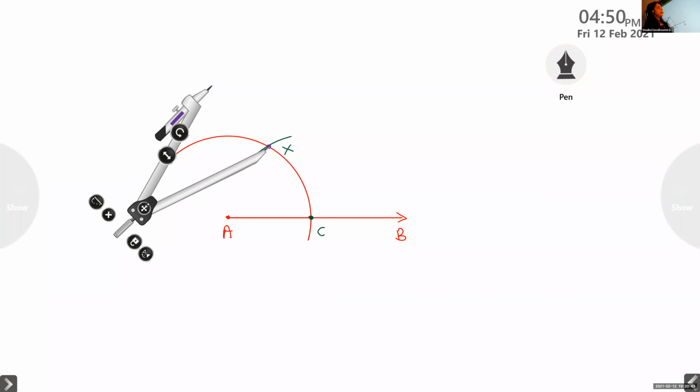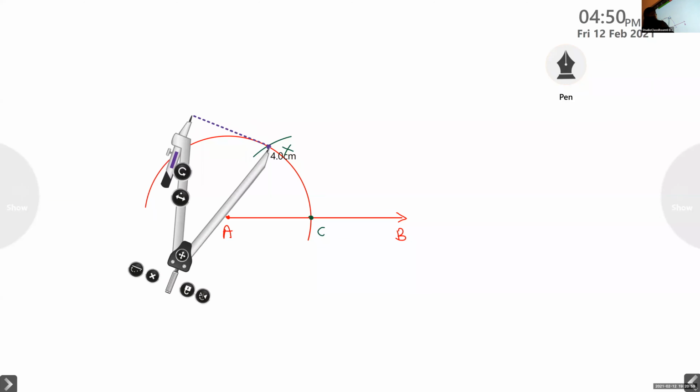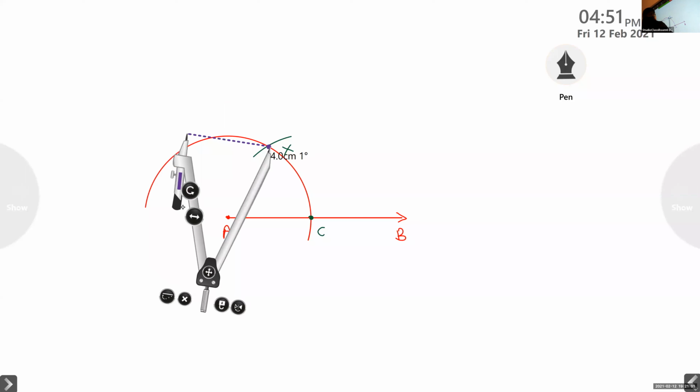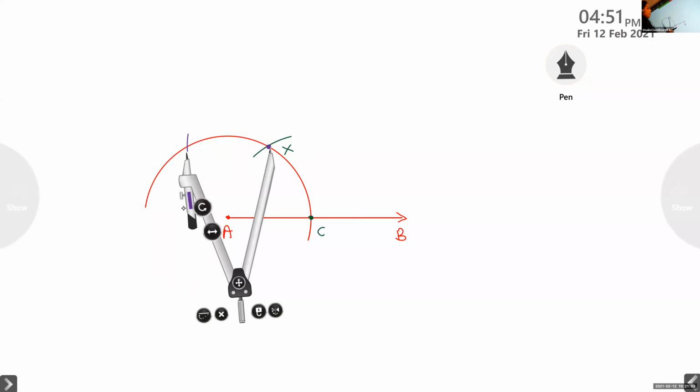Same measurement. Three measurements should be there: one semicircle, one radius, and the same radius you should follow for this. Don't spread the compass. Don't move the compass. With the same measurement, you should cut one more arc in the semicircle. So 60 degrees, one arc you already made, no?